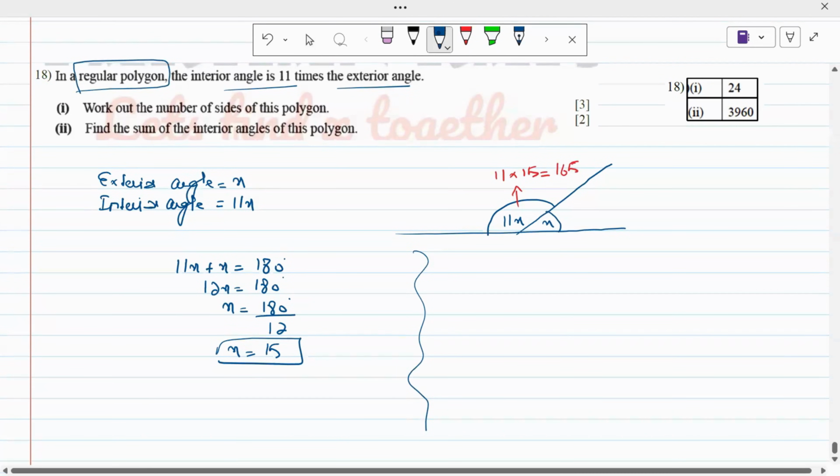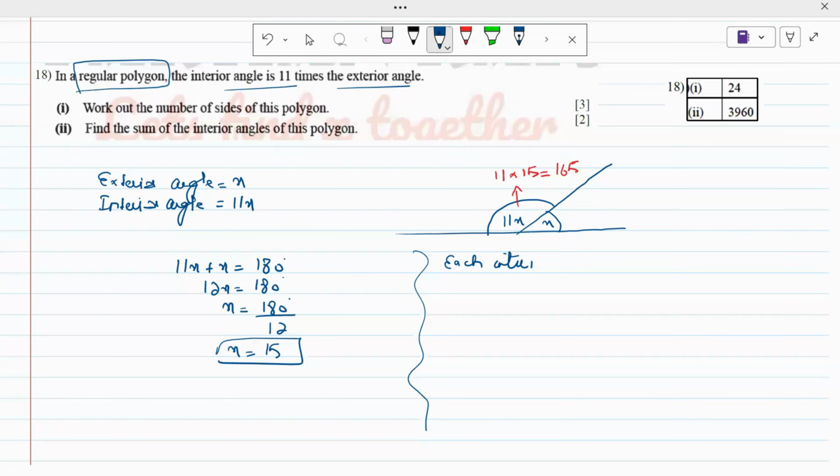So each interior is equal to n minus 2 into 180 upon n. That's 165 is equal to n minus 2 into 180 upon n.